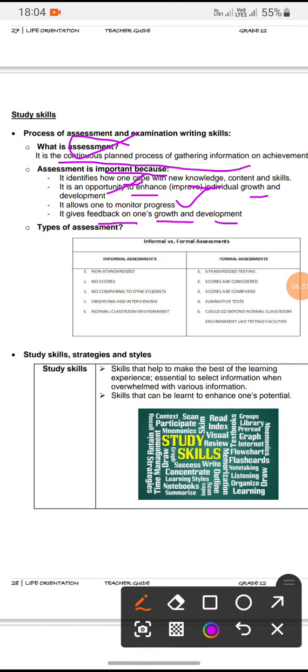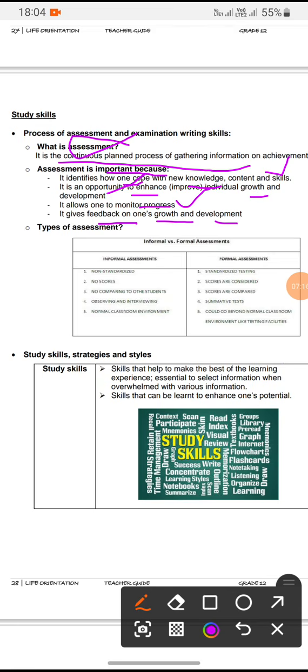So we said that assessment helps identify content knowledge, gives you an opportunity to enhance into new knowledge and growth and development. It helps you to monitor progress and gives you feedback on how you worked.